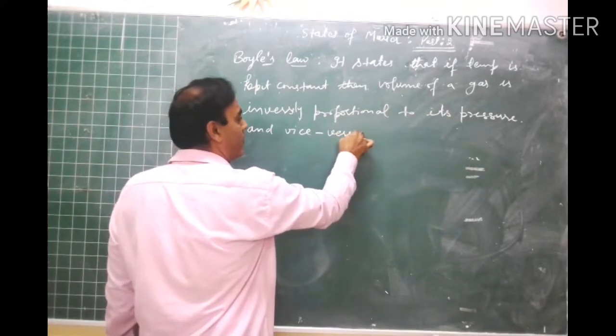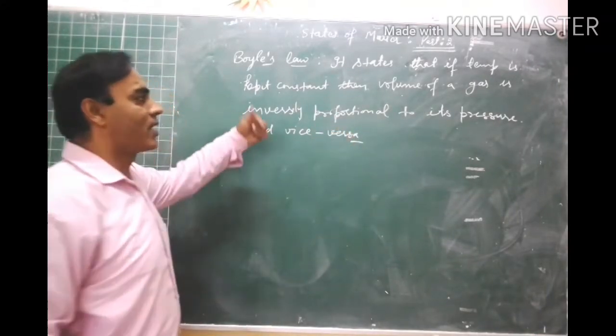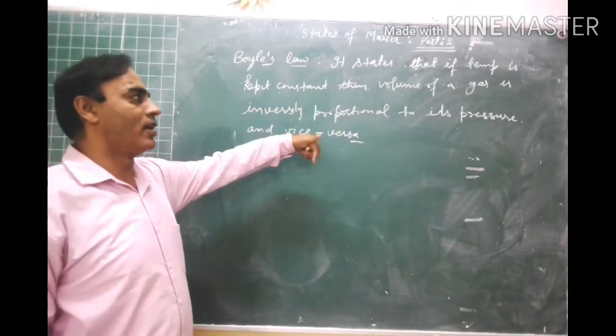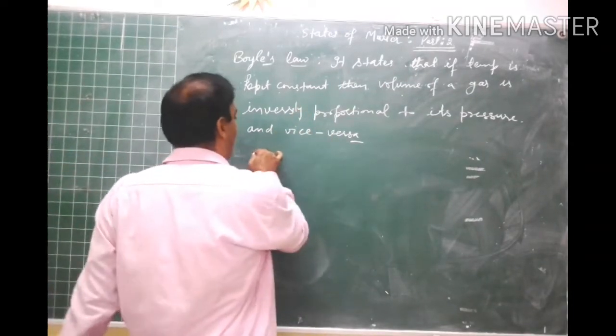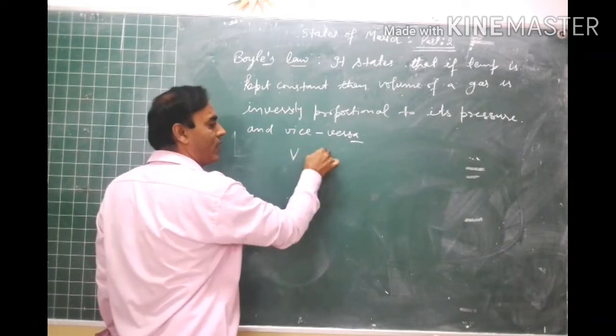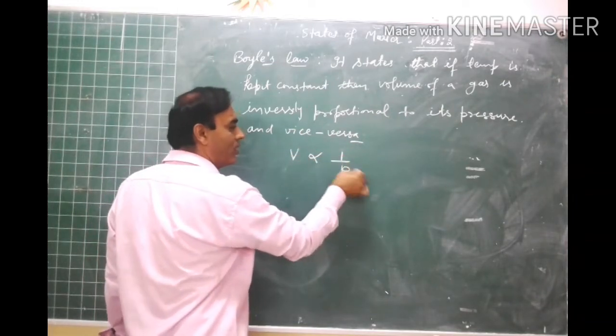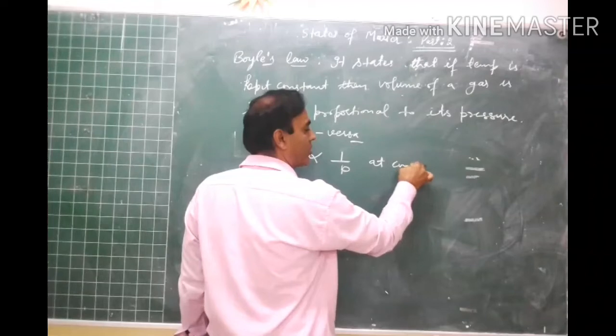That is, if temperature is kept constant, then we can also say that pressure of a gas is inversely proportional to its volume. So mathematically we can write V is inversely proportional to 1 upon P at constant temperature.